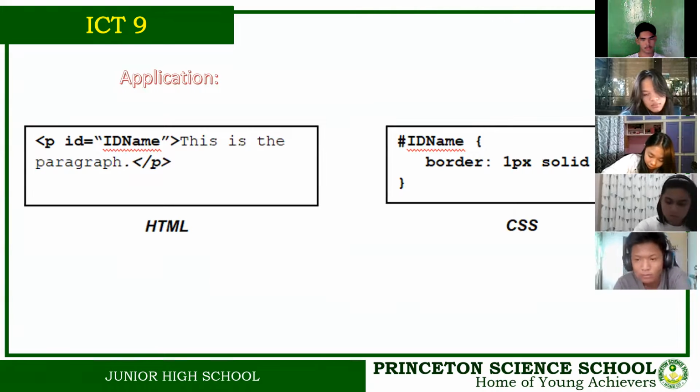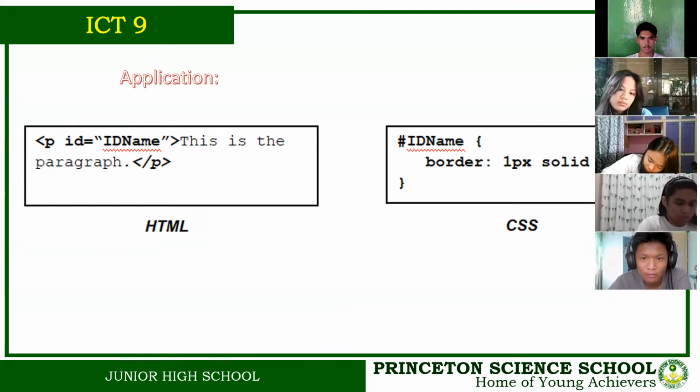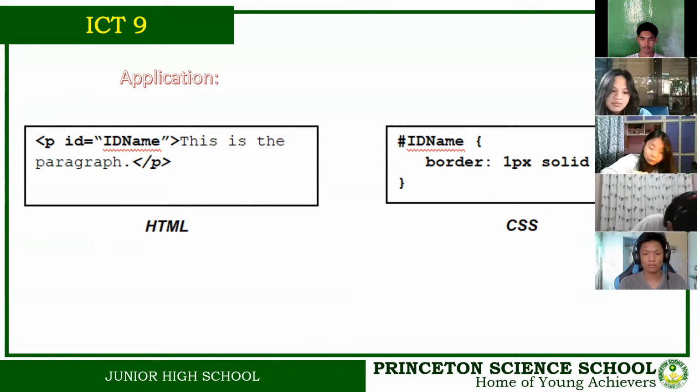And it says here that the ID name is going to be applied once per page. So there can be no other ID name with the same name. Same application as for the class.